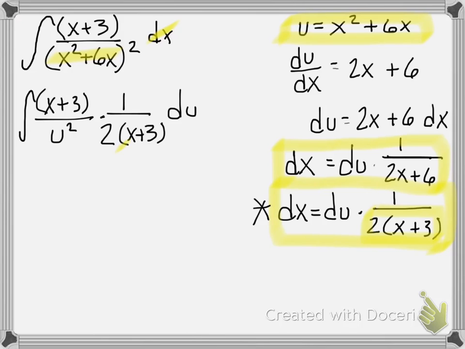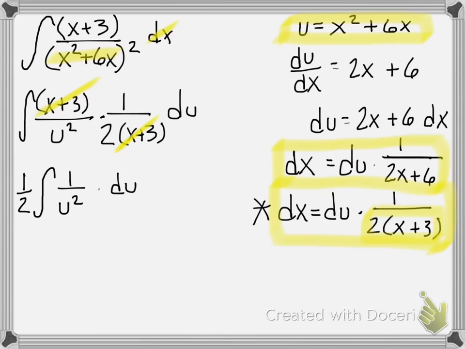So you can see that x plus 3 and that x plus 3 are going to cancel. So now we're going to have 1 over 2, so we can pull that out of our integral. And we're going to have 1 over u squared times du.